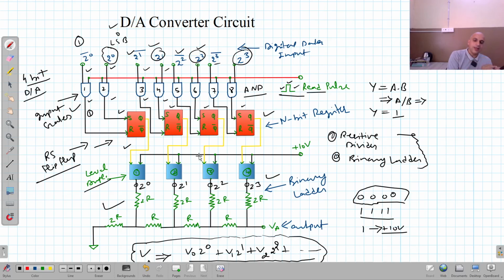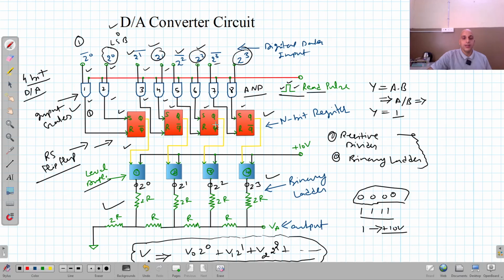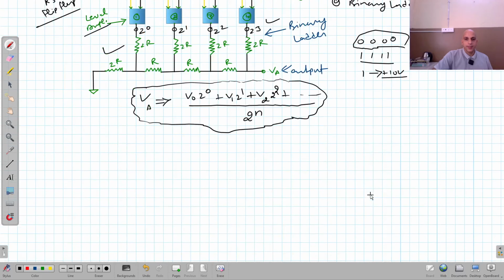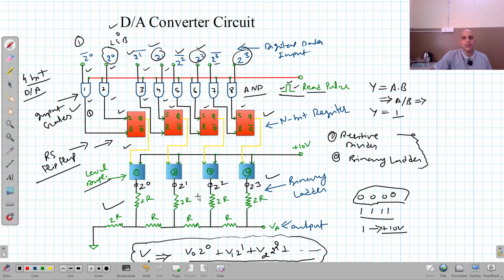If he is asking in that way, then first of all you have to discuss the two functional units, I mean the resistive divider and then the binary ladder, and then after that you have to discuss this entire circuit where the actual conversion from D2A takes place. I mean this complete circuit that is used in actual practice in all digital machines for the conversion, right? So thank you very much.